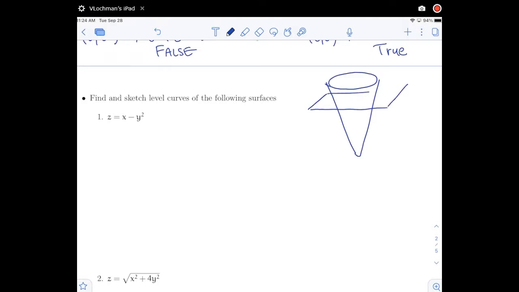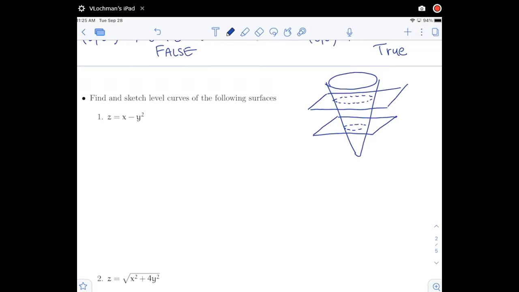If I cut this cone with a horizontal plane here, then the cross section is going to be a circle, right? And then I can cut it again with a plane that sits lower. Now I'm going to have a smaller circle and so forth.